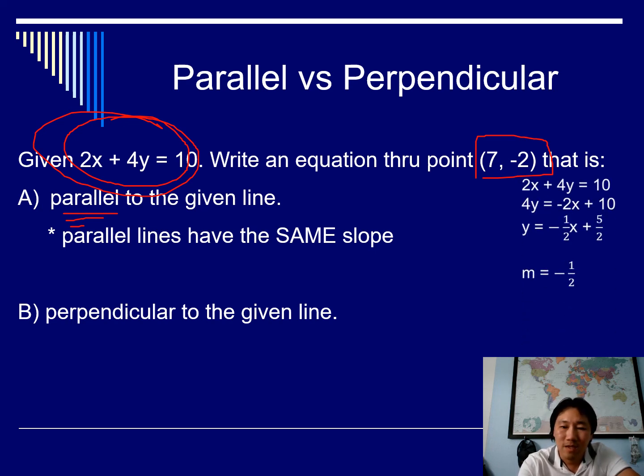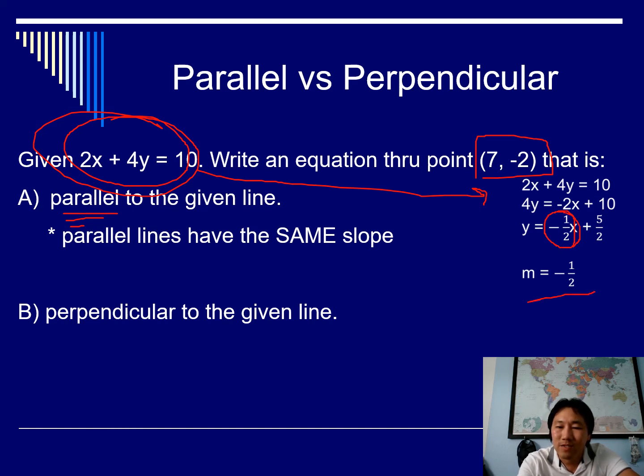So to find the slope, you have to put it in slope-intercept form. There's all the work. I know I just threw it all in there just because I was trying to save time. But solve for y, bring the 2x to the other side, divide everything by 4, and we have the slope right here. The slope is -1/2.